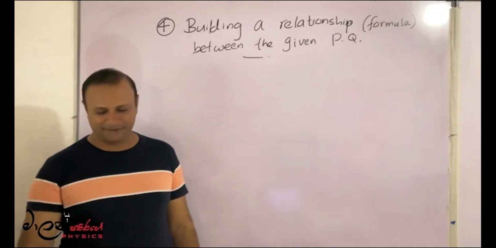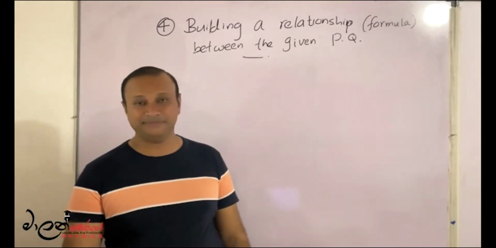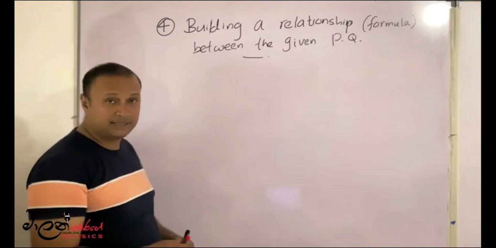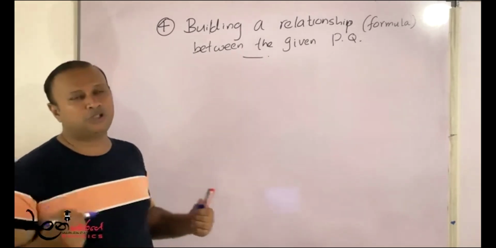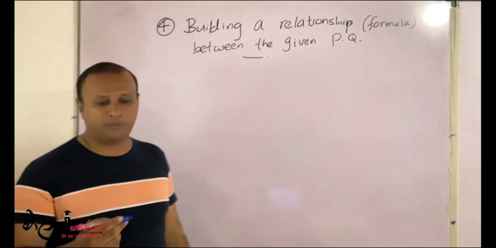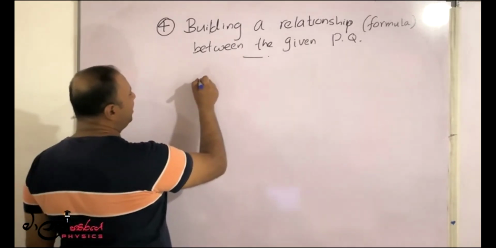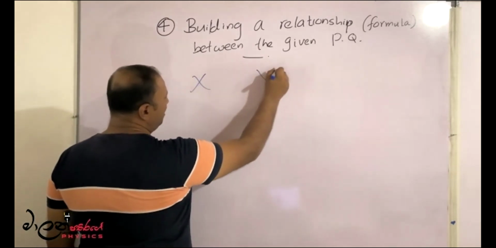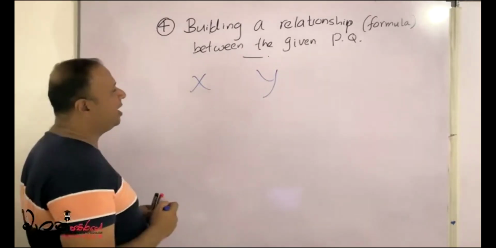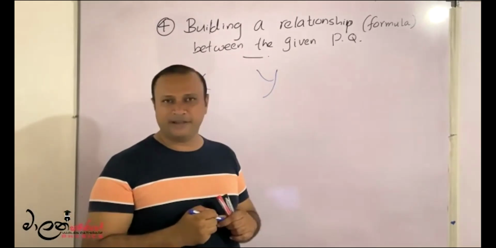The first relationship is direct proportionality. I know you know this. Suppose there are two physical quantities x and y.